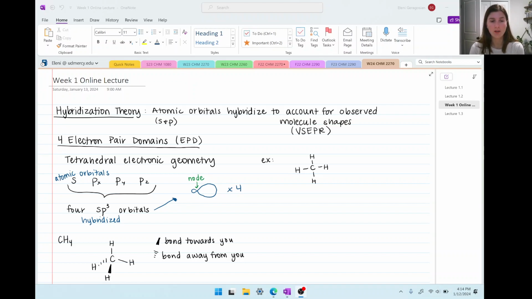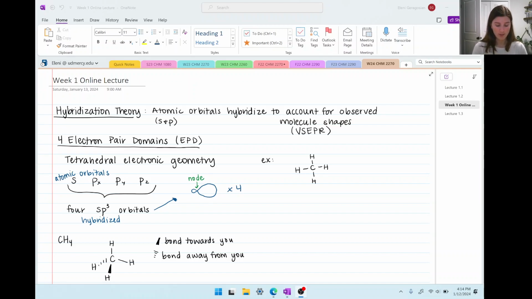So if we have 4 electron pair domains, these are all the notes that we took in class on Thursday. 4 electron pair domains, we have tetrahedral electronic geometry, the s orbital and the 3 p orbitals, px, py, and pz, hybridize to form 4 identical sp3 orbitals.